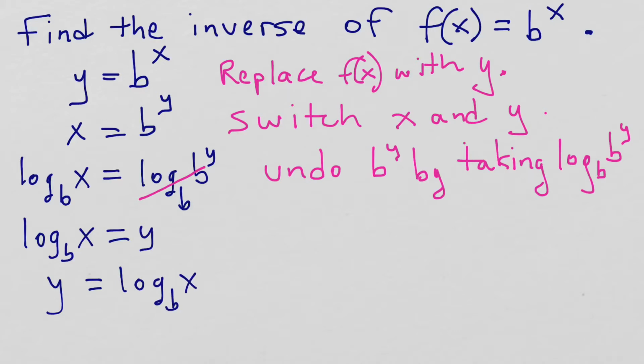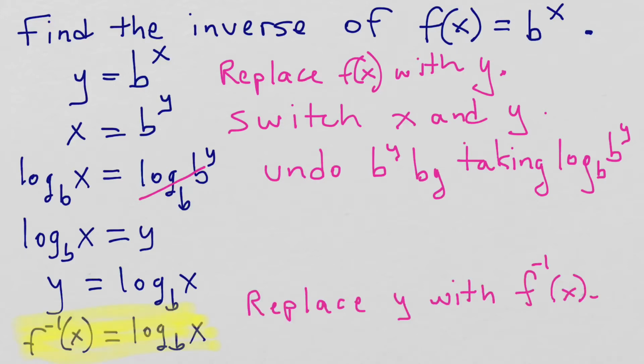And instead of saying y, remember when we found the inverse of f of x, we call it f inverse of x. And that will equal log to the base b of x. So now we've established that f inverse of x is equal to log to the base b of x, where f of x started out as b to the x.